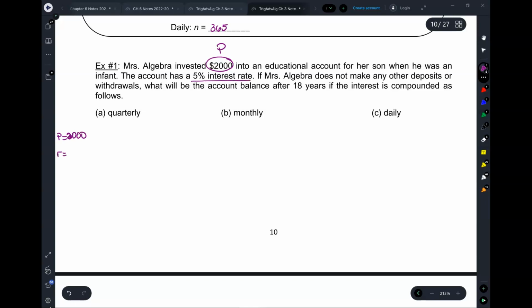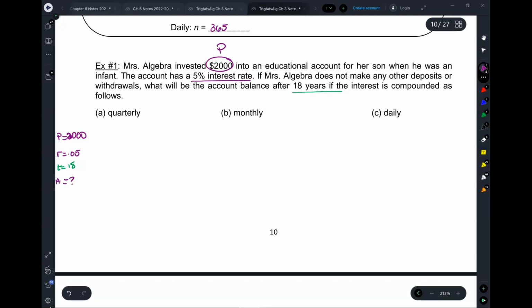So R is, divide that by 100, so 0.05. If Mrs. Algebra does not make any other deposits or withdrawals, what will be the account balance after 18 years? So T is 18. And we want the account balance, which means that's A. Okay, A is what we need.